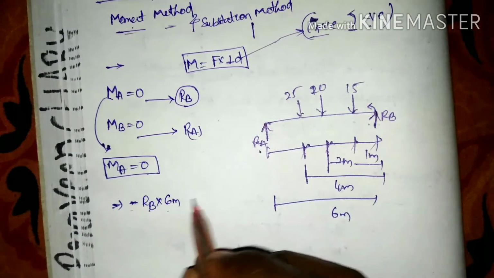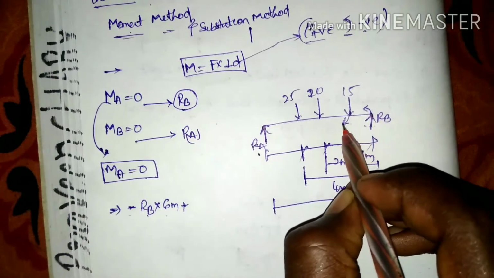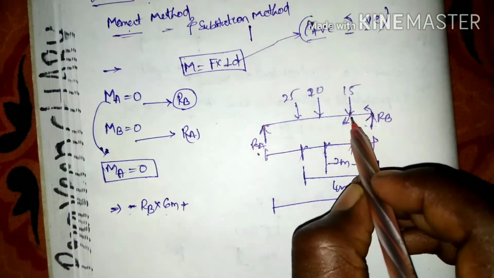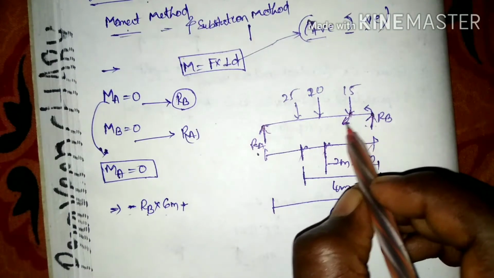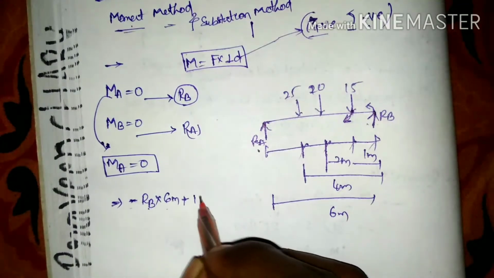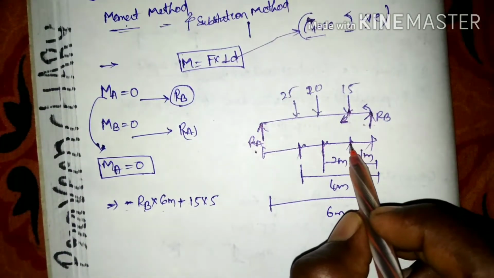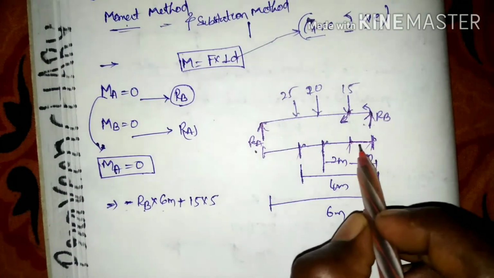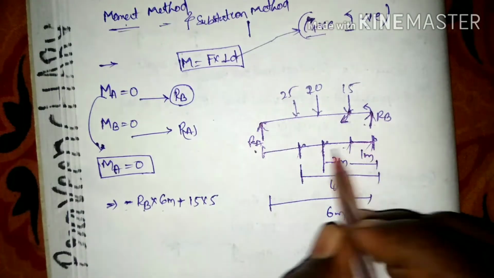Next, positive, because 15 is taking the moment in the clockwise direction, the distance of 5 meters, 15 into 5, because when we eliminate the 1 from the 6, the remaining distance is 5 meters.